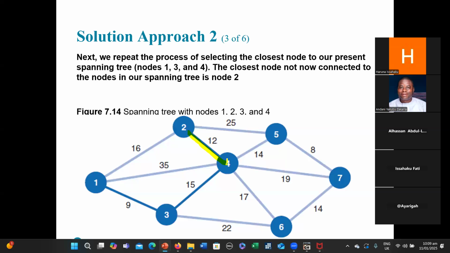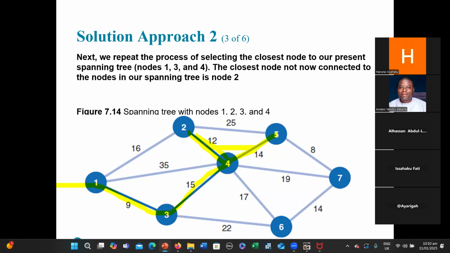So this is the spanning area now. You then ask yourself, which node that is not currently connected has the least distance? You see that it will be from 4 to what? 5.